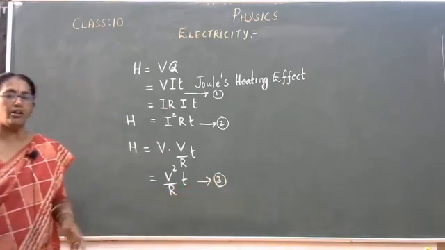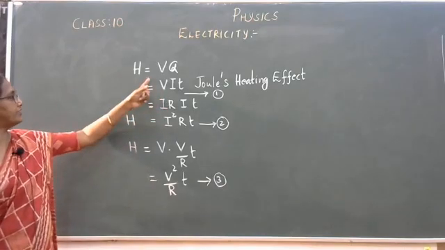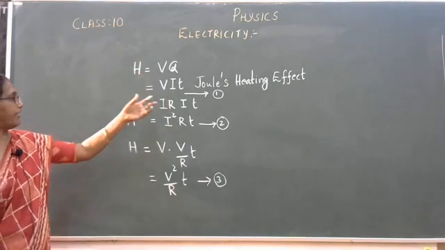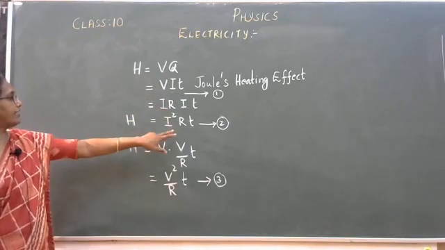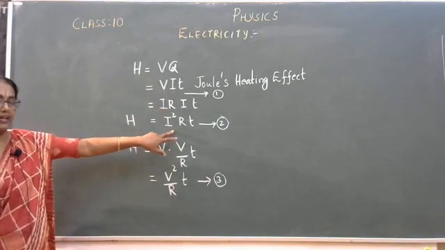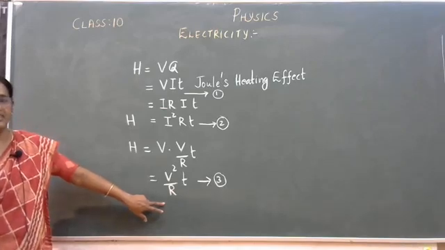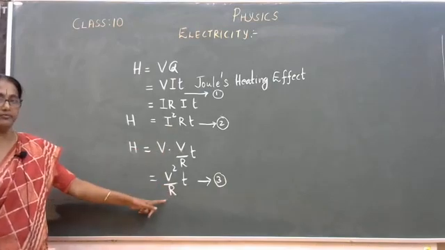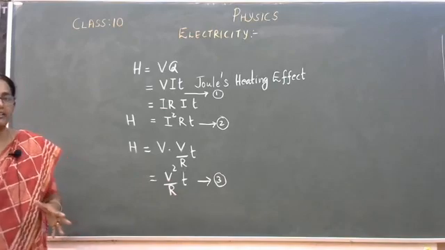Now you see we have got three different equations for the heat energy dissipated or consumed by a device: H is equal to VIT, H is equal to I square RT, H is equal to V square by R into T. Now look at this equation and this equation.